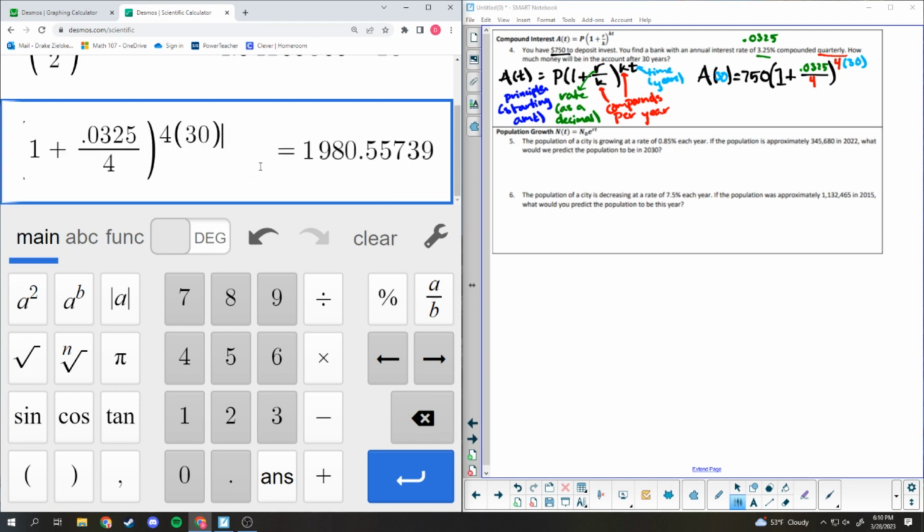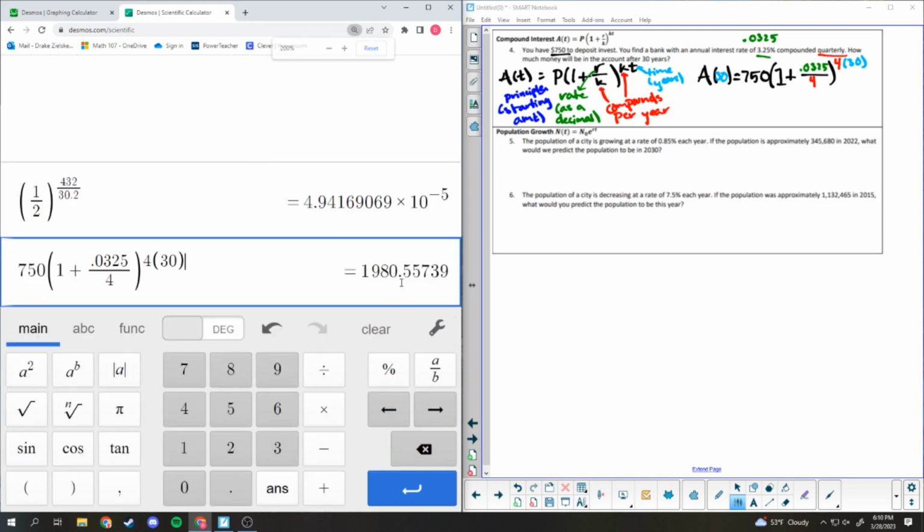And that in total is $1,980.56. I'll round to the nearest cent because that's what the bank would do. Hey, nice. So you can almost triple your money if you leave it in a savings account for 30 years and never touch it.